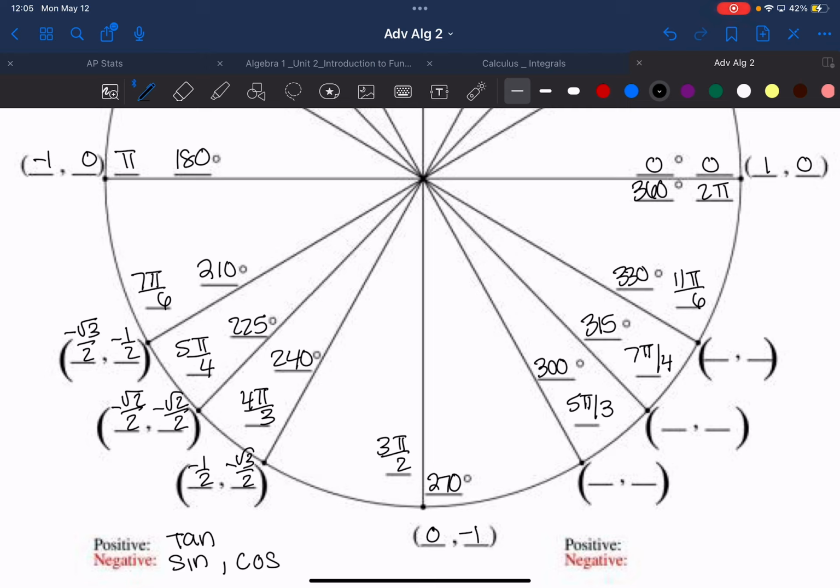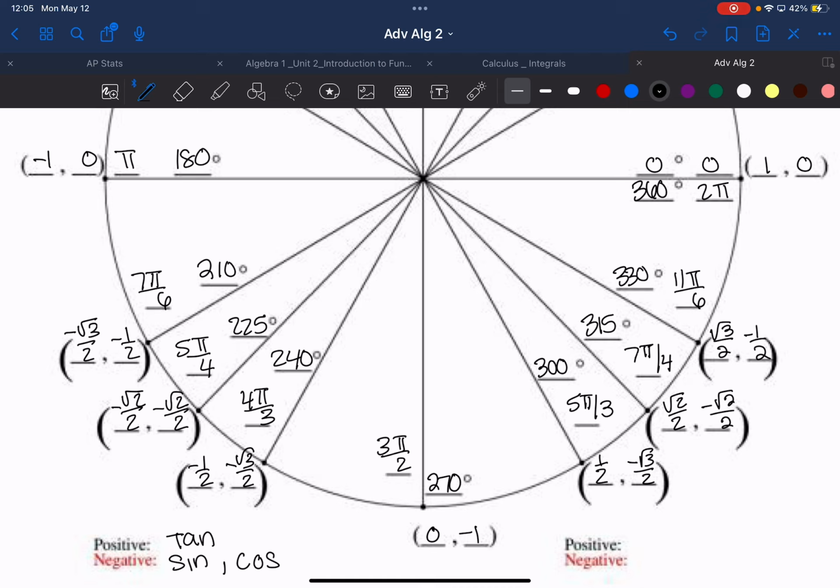And then filling in our fourth quadrant, you'll notice that the x values are positive, but the y values are negative. So we have 1/2 comma negative square root of 3 over 2, square root of 2 over 2 comma negative square root of 2 over 2, and then square root of 3 over 2 comma negative 1/2.